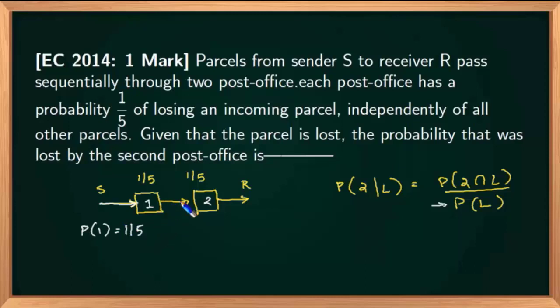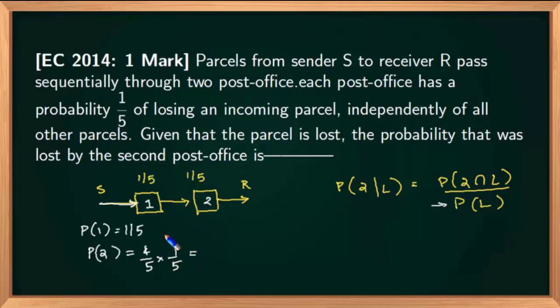Now, from post office 2, I also lose parcels, but I will not get 100% of the parcels which sender S has sent to post office 1, because a part of that will be lost at post office 1. The probability of losing it from post office 2 is the probability that post office 1 has sent it rightly, 4/5, into the probability that I lose it at post office 2, 1/5.